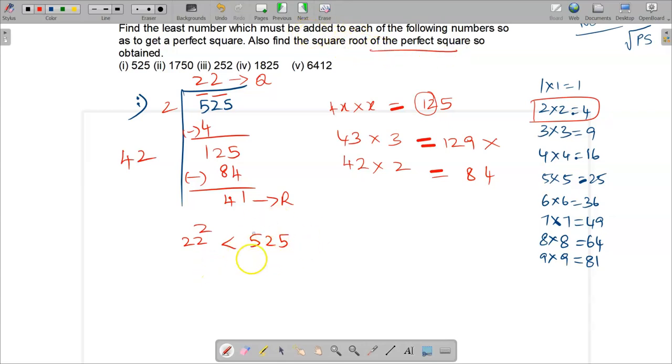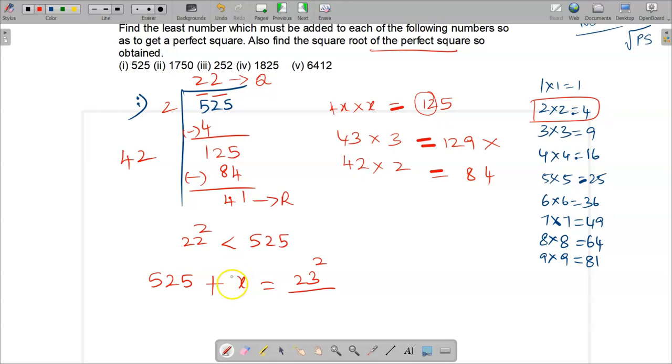So with 525 we have to add some value which is going to give a new perfect square. The next perfect square number is nothing but 23 square.